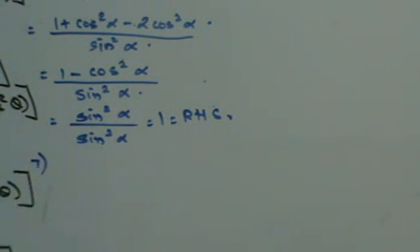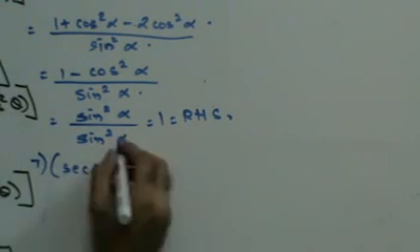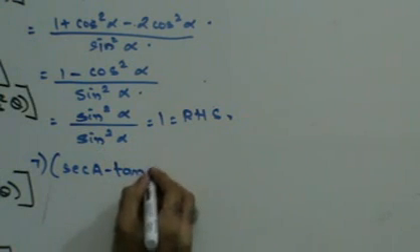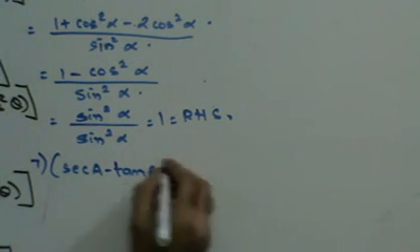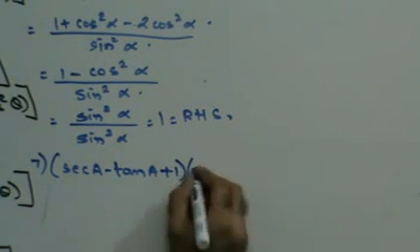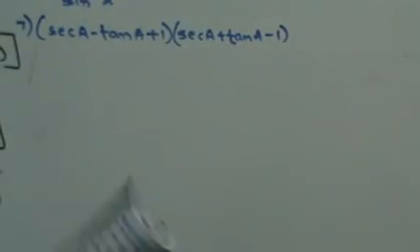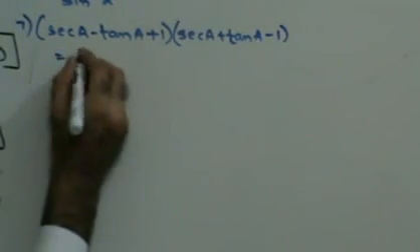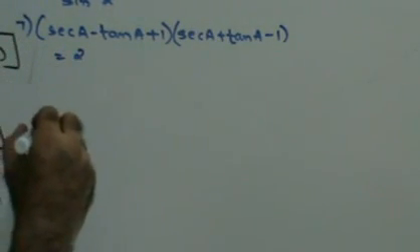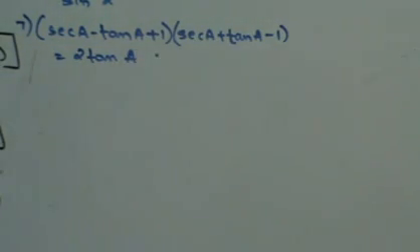Please pay attention, guys. You have to prove that (sec A minus tan A plus 1) into (sec A plus tan A minus 1) is equal to 2 tan A. Right?